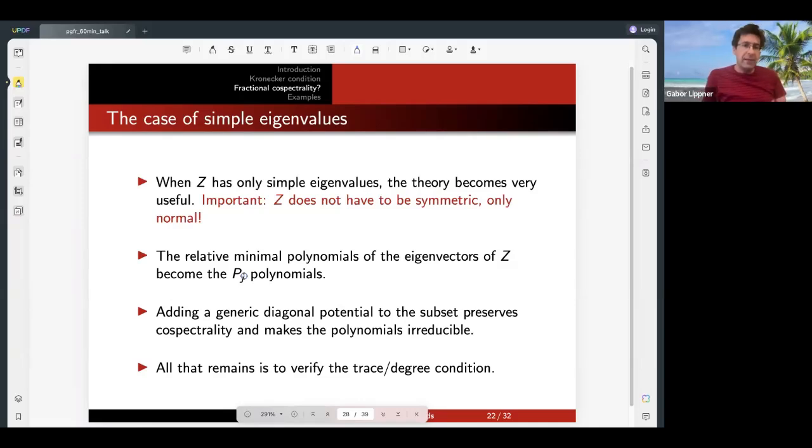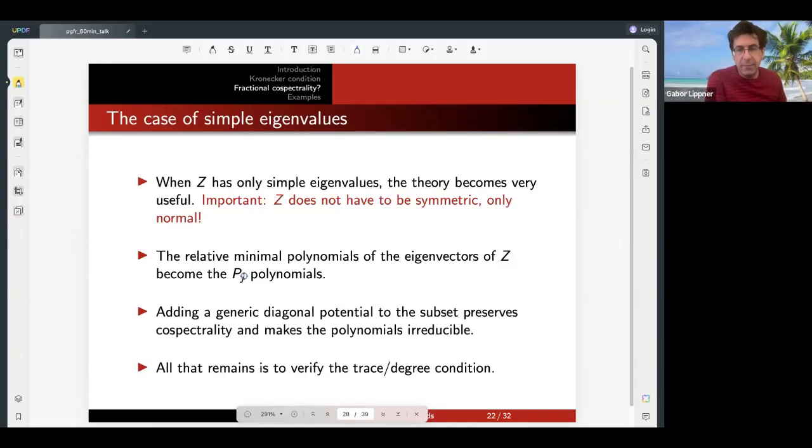Once I have that, I can get the eigenvectors of Z. And then for each of the eigenvectors of Z, I get a relative minimal polynomial of that vector according to my Hamiltonian. This will give me a factorization of the characteristic polynomial of the Hamiltonian, and each factor will contain exactly the eigenvalues in each of the parts of my critical partition.